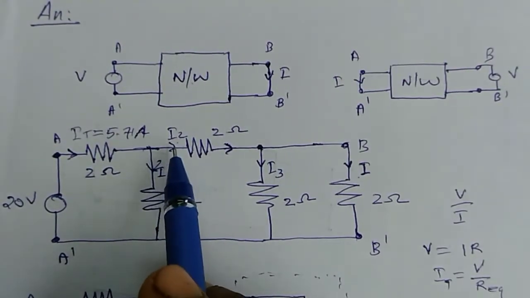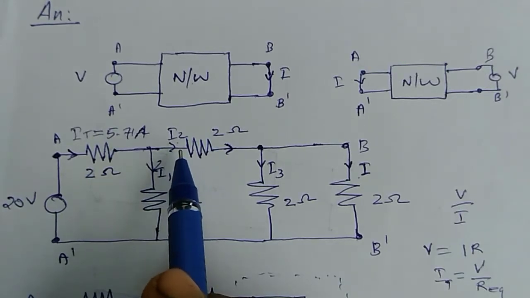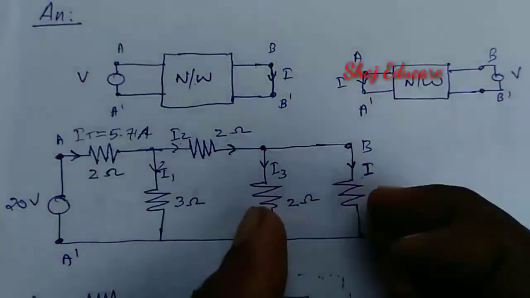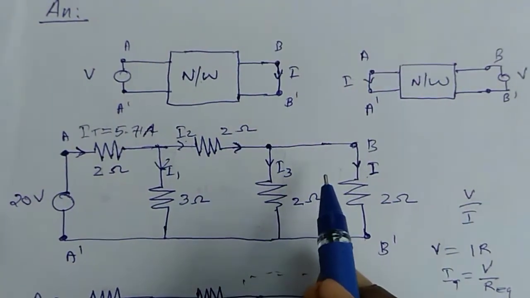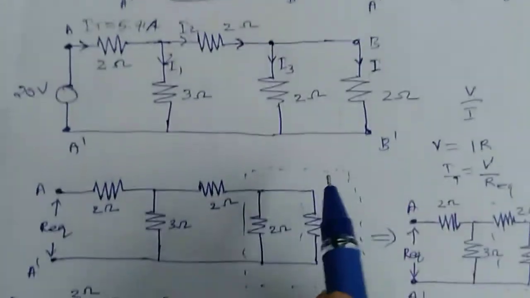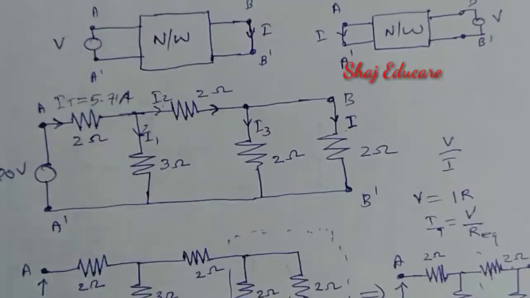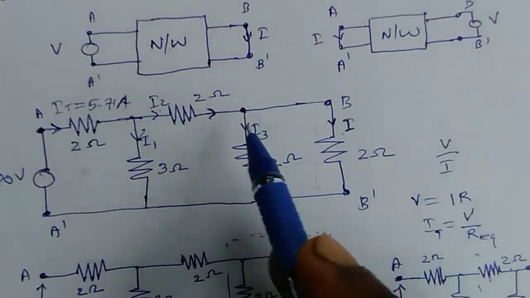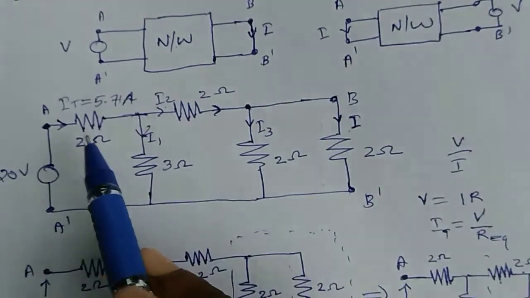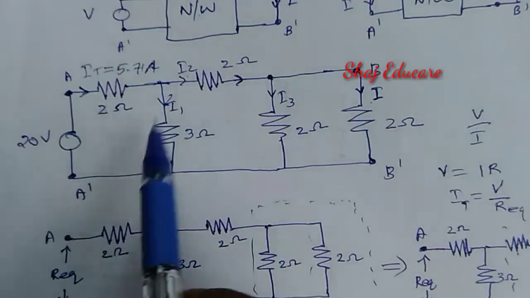In order to find the current I2, I am going to replace these resistances with their equivalent circuit and redraw them. Then the resultant circuit will be as follows, try to compare it with the circuit.